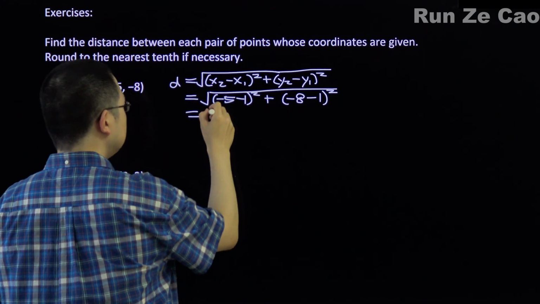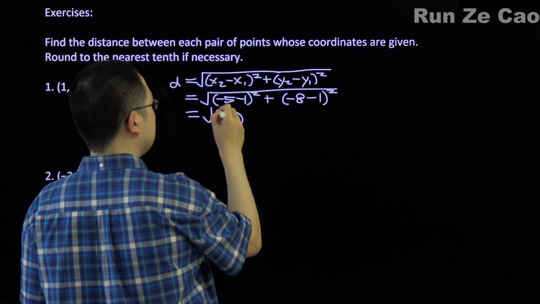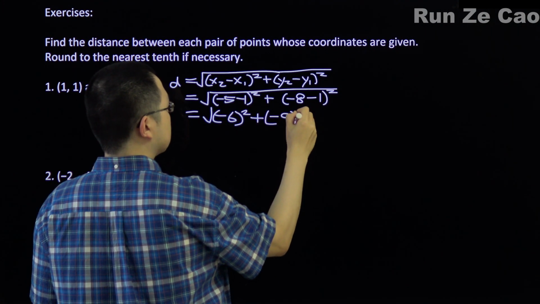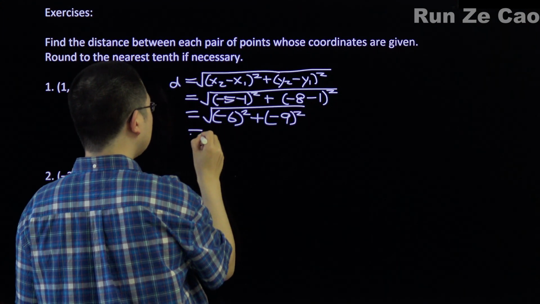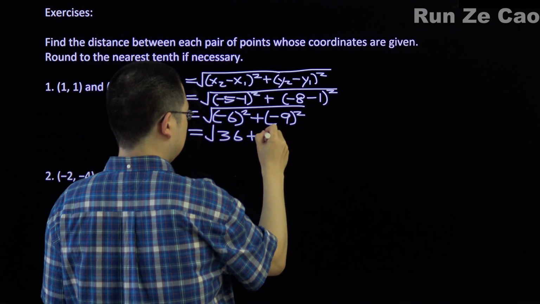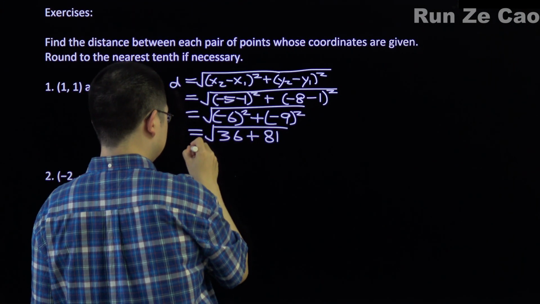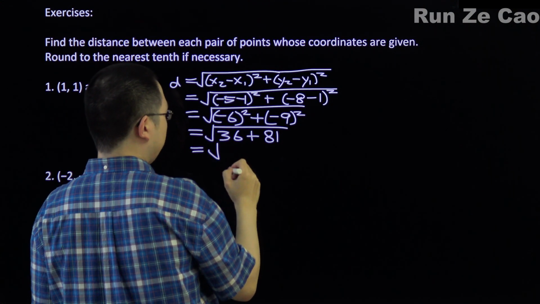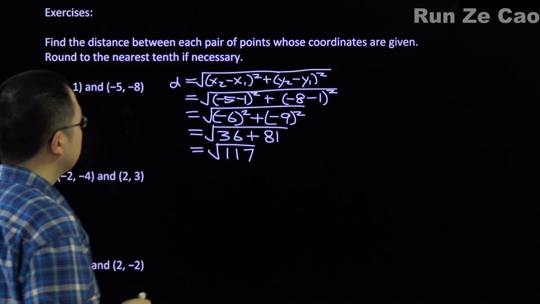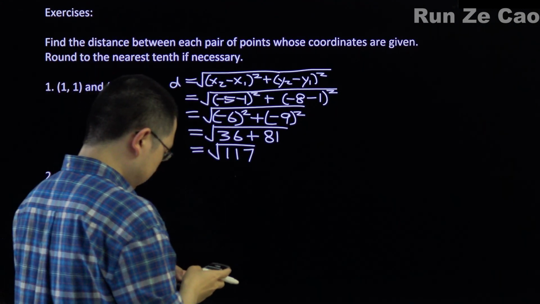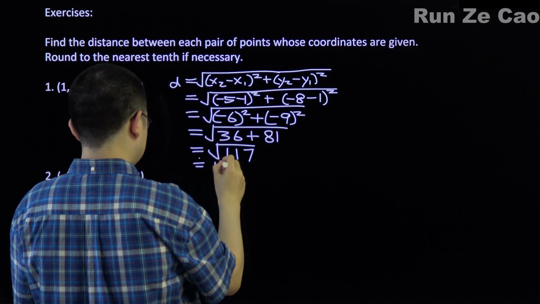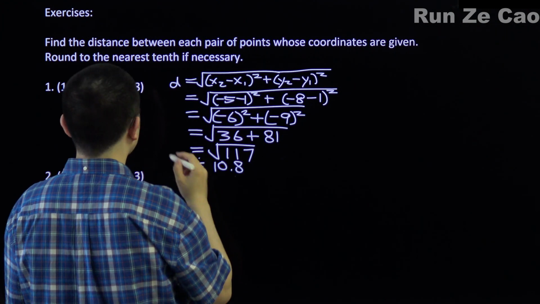Okay, so that's going to be -6 squared plus -9 squared. So that's the root of 36 plus 81. So root of 117. The root of 117 is approximately 10.8 to the nearest tenth.